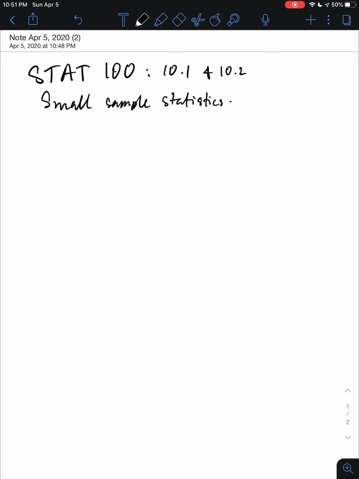So at the end of his year at Cambridge, Gossett did finally crack the problem of how to do statistics on a small sample, and published it. He chose a pseudonym because he had to, because of his contract with Guinness, and the very stupid pseudonym he chose was Student. So he develops a technique that's now called Student's t-distribution, or t-test.